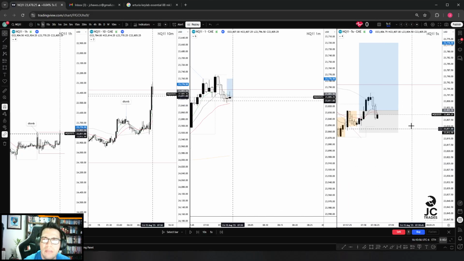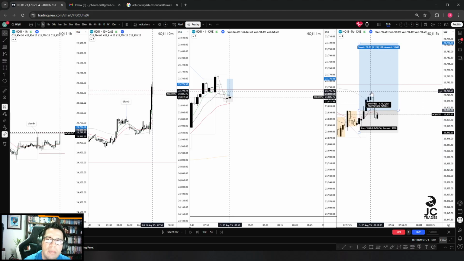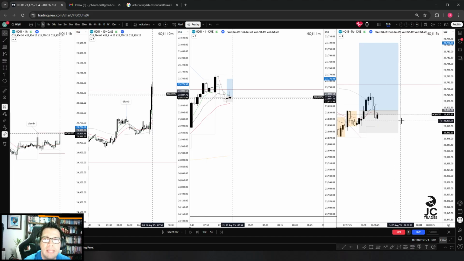Let's see, this is still not 50%. So this is the rule that we have, that whenever we have a move that goes over the 50% of our drawdown, if we ever get again to entry point, we will close that as a break even. But at this point, the trade is still at full risk.